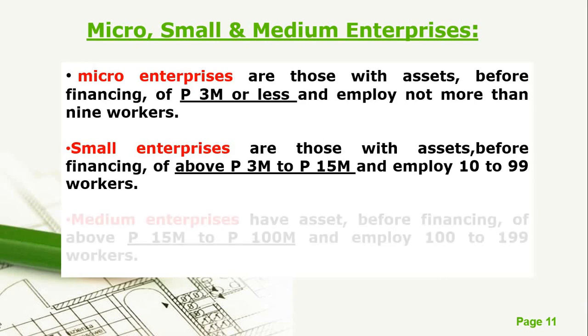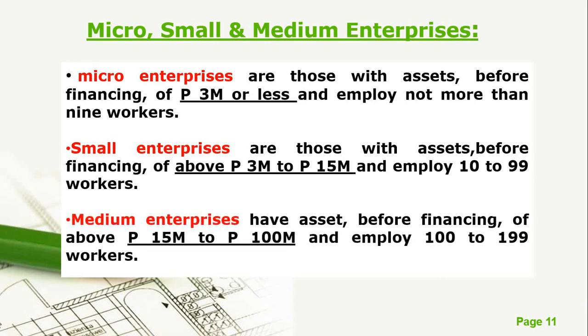For medium enterprises, they have assets, again before borrowings, above 15 million to 100 million, more than 15 million but not more than 100 million. And their employees should be 100 to 199 workers. Okay? So that's the qualification for micro, small, and medium enterprises.